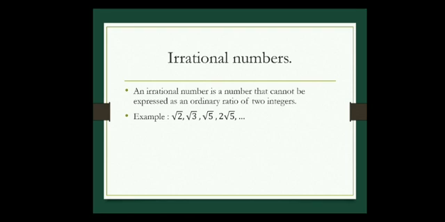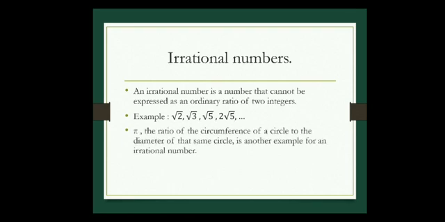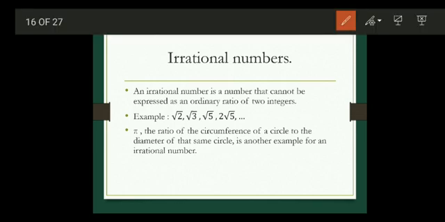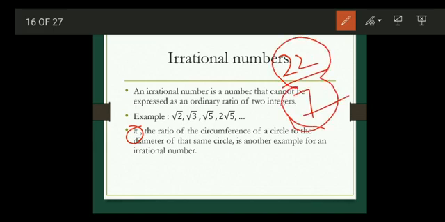We know pi. For finding the circumference of a circle, we use pi, right? That pi is also an irrational number. You may ask me that we have taken the value of pi as 22 by 7. Okay, this is in the form of p by q.